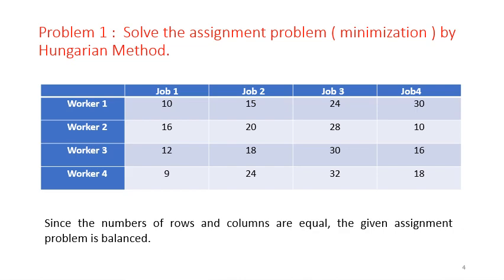If you look at this table, for the first row, 10 is the minimum. So you will subtract this 10 from all other elements in that particular row. You subtract the minimum element, which is 10.